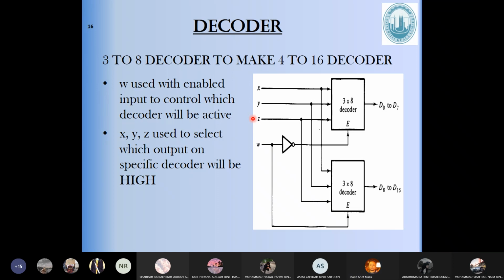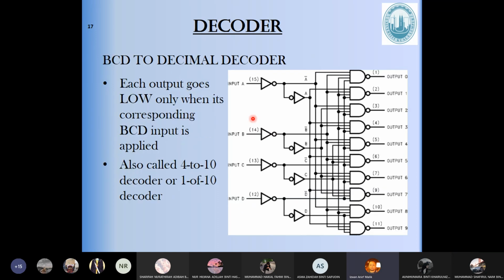Okay. Alright, and then BCD to decimal decoder. So basically, if you look into this diagram, yes, it is a bit confusing, but a BCD to decimal decoder converts numbers from BCD into the daily numbers that you are using.